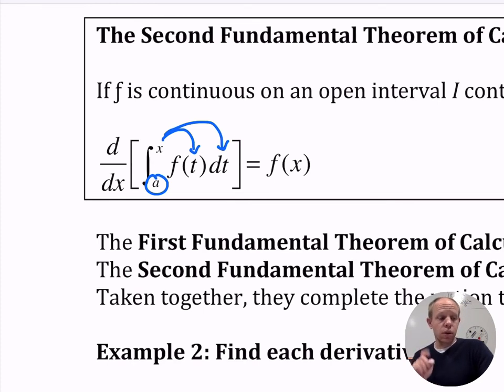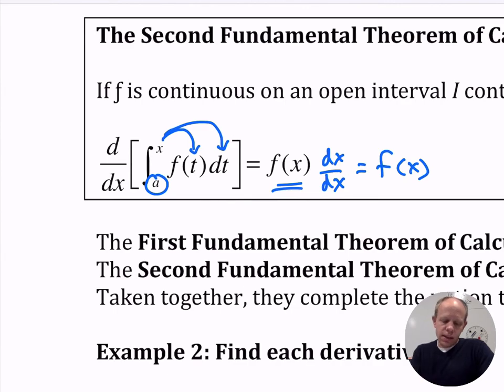Now, one thing you will note is that when you see f at x here, that dt really becomes dx over dx because of the chain rule. And that equals 1, so it's not really shown here as being anything. But it will matter when this x up here is not just an x.